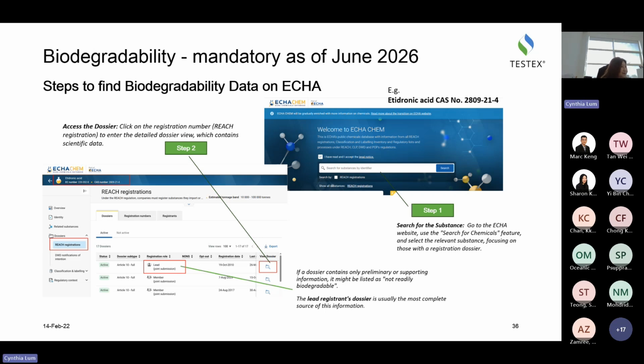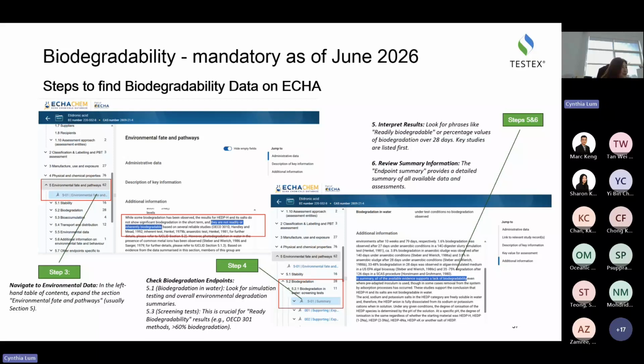Step two. When you open the file, you would be able to go to its environmental data. The facts can be seen on this dossier. So where do you find biodegradability? You go to section 5, which is headed environmental fate and pathways.